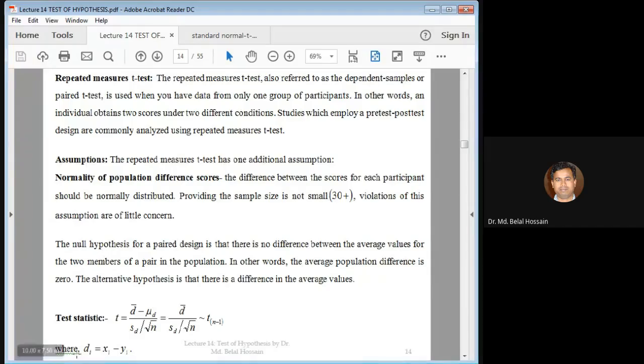That is, we have the before and after type of scores, and that is xi, the before value, and yi is the after value, or vice versa. Then we find the differences di. Di is the difference between xi and yi. Xi and yi are those two sets of values.